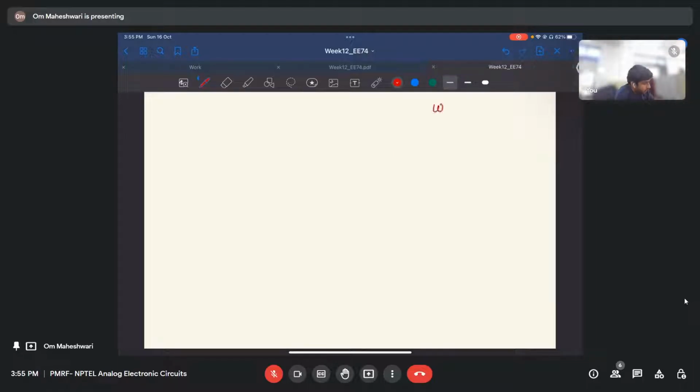So it is given omega u equals 11 megahertz, and the op-amp model is ideal, omega u by s. Now the power supply is this.